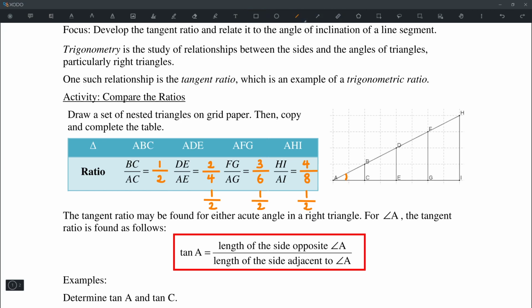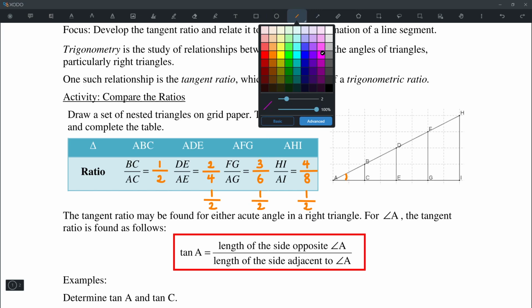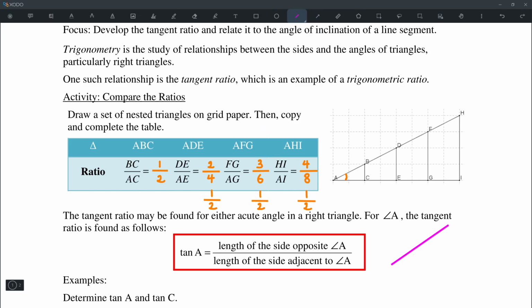We can also look at a triangle just like this, and we're going to label the sides. Here on the bottom left, we have angle A, and on the bottom right, we have the right angle. The side that's opposite from the right angle is the hypotenuse. It is also, of course, the longest side.